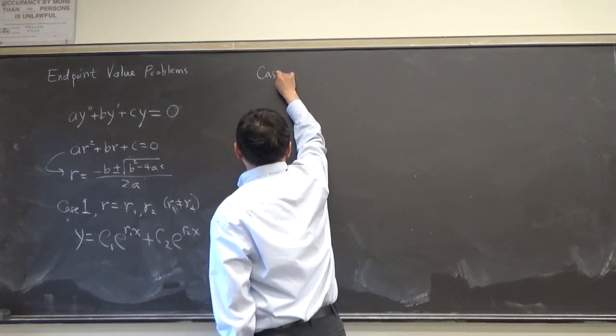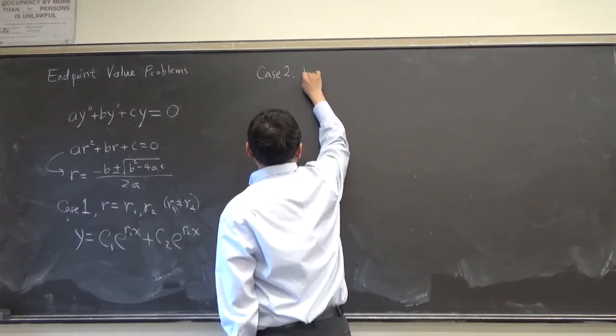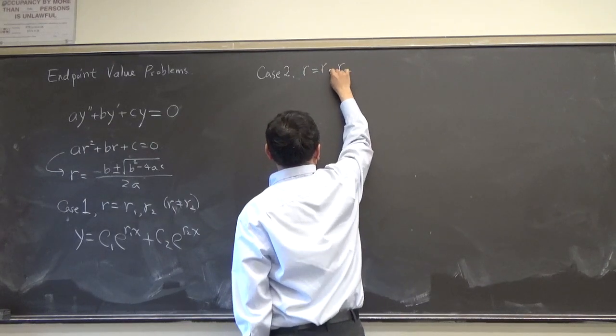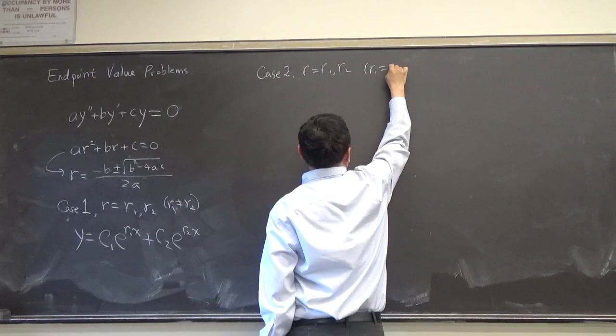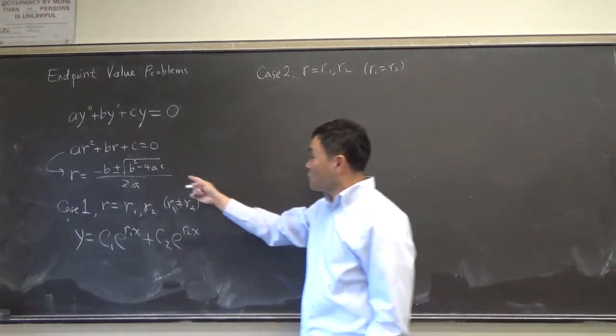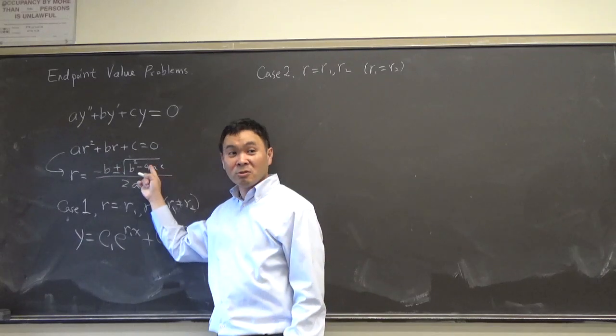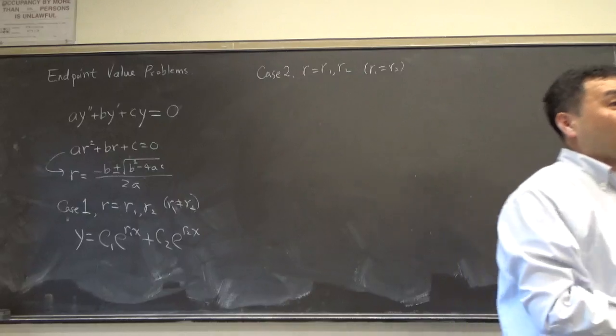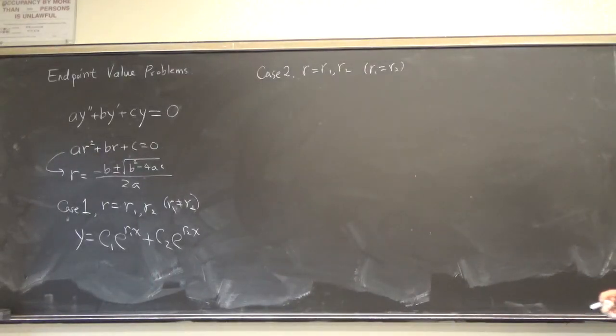What if you get two solutions, but they turn out to be the same? So sometimes if b squared minus 4ac is 0, the two solutions you get are just a single real number, right? What do you do in that case?